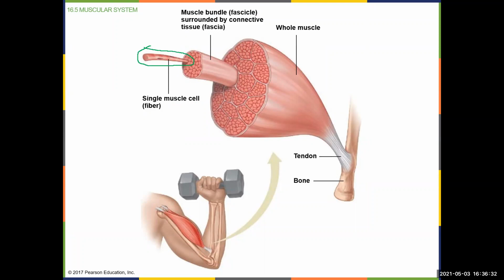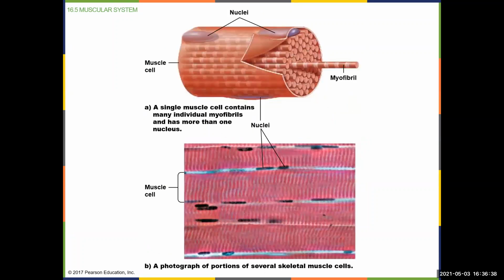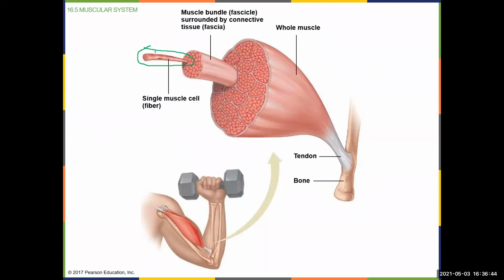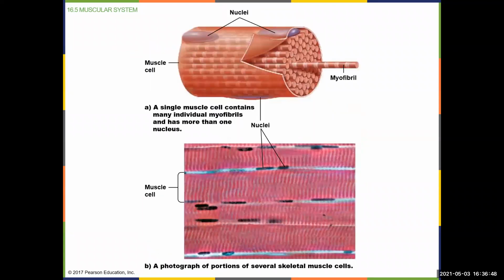Now, within this muscle fiber, we can zoom into it, and that's what we're doing on this next slide. So this is one muscle fiber. So this upper image is this image zoomed in, okay? So that one muscle fiber has multiple nuclei. You can see one there, and one there.